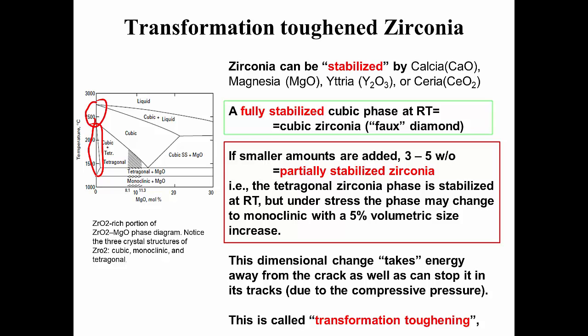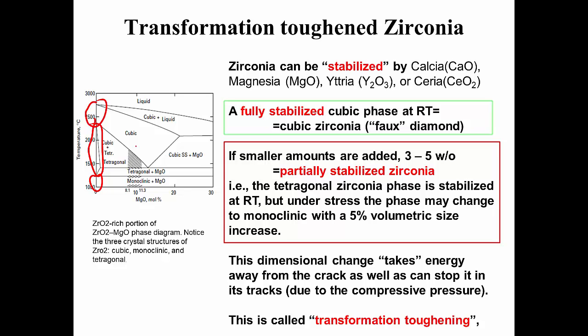And then all the way down below 1200, it is monoclinic. So what we mean by stabilized zirconia is that if you add enough second phases like yttria, magnesia, and things like this, you can expand the range in which cubic is the dominant microstructure.